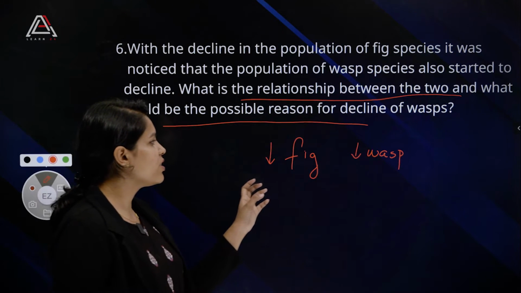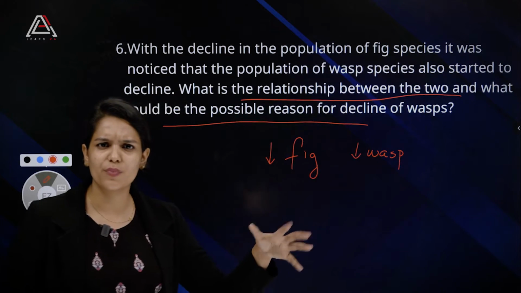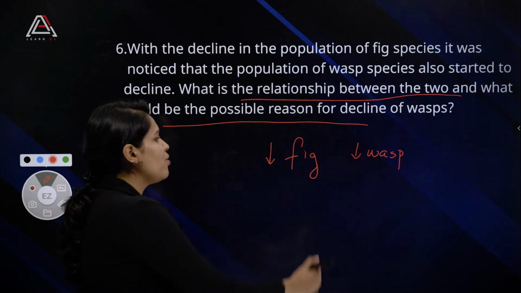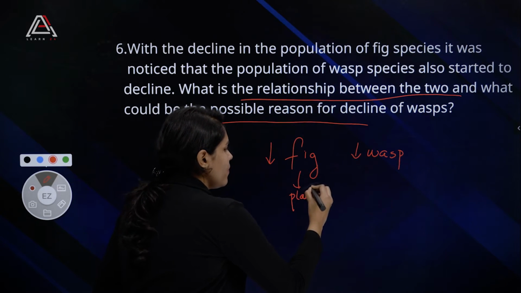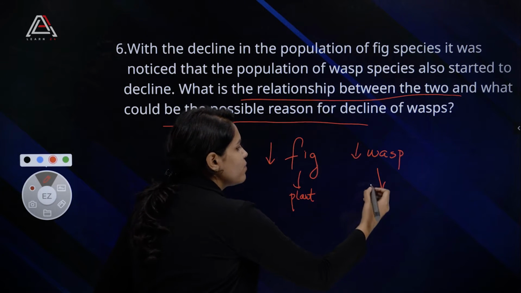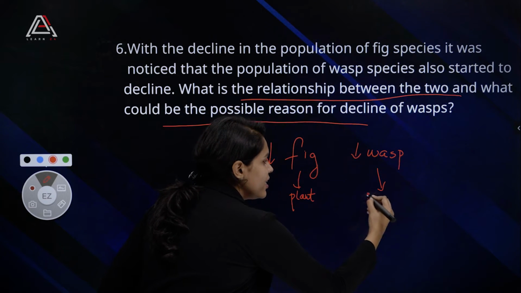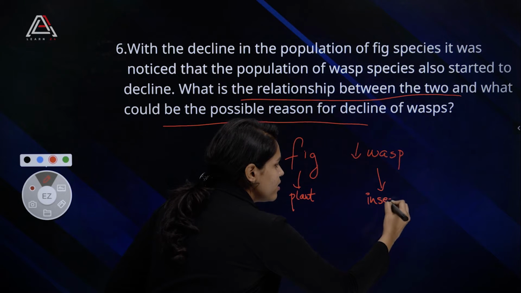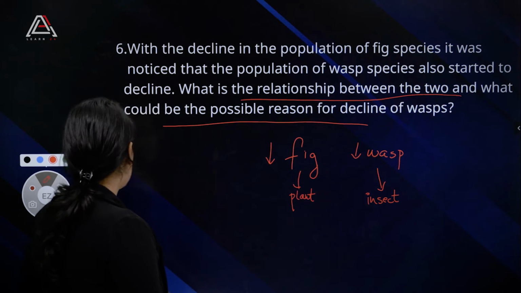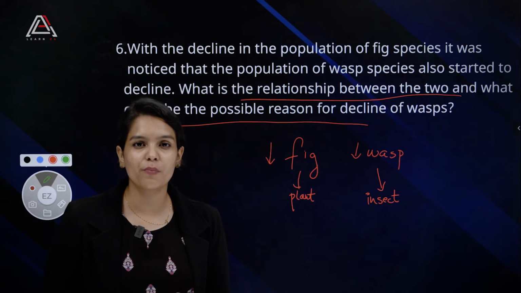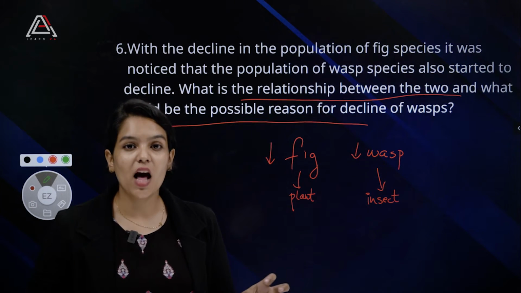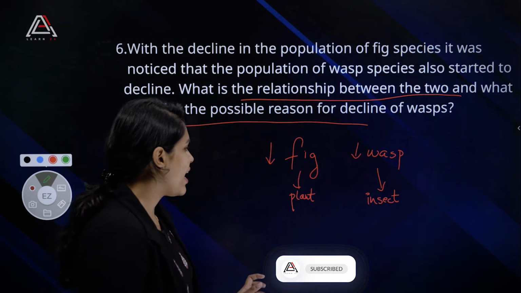The first part of the question is what is the relationship between the fig and the wasp. Now you know what is fig. Fig is a plant, right? What is wasp? Wasp is an insect, right? You guys have studied in the chapter organisms and population about plant and pollinator, right?